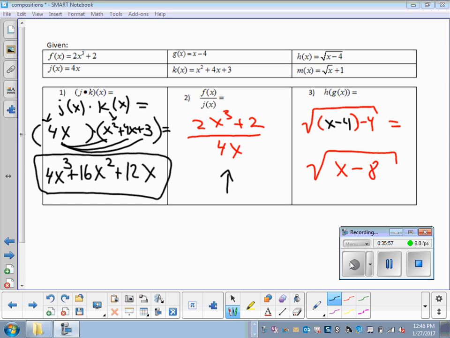If I enter into a calculator 2 divided by 0, what will I get? What is that? Undefined. Error, right? So we really don't know how to evaluate if the denominator is 0. That's a problem for us.